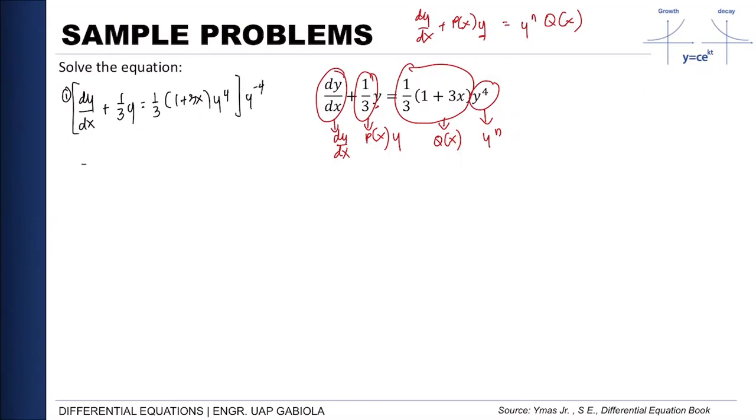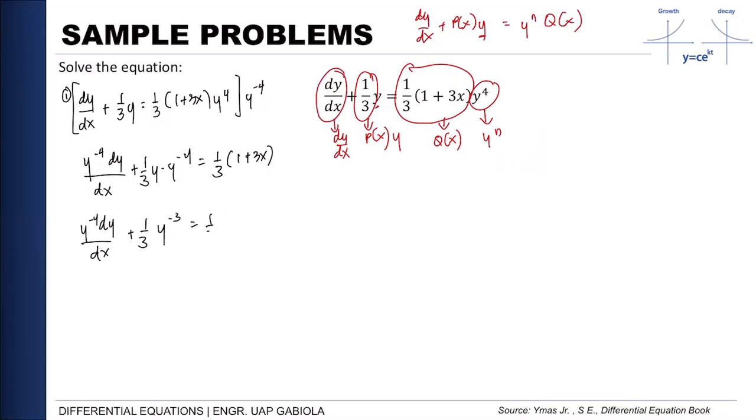So y negative 4 dy over dx plus 1/3 y times y negative 4 is equals to 1/3 (1 plus 3x). Simplify: y negative 4 dy over dx plus 1/3 y negative 3 is equals to 1/3 (1 plus 3x).